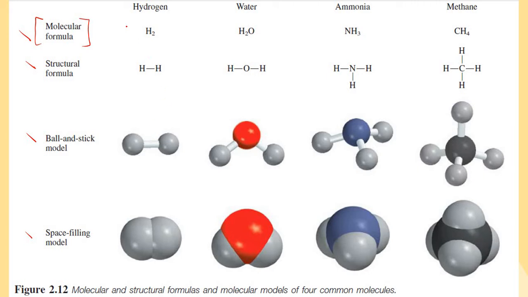So, for example, hydrogen, the molecular formula of this H-H is H2. Water, H2O. So it really shows how many hydrogen atoms, how many oxygen, and this one too, N, only one. H3, that means there are 3.